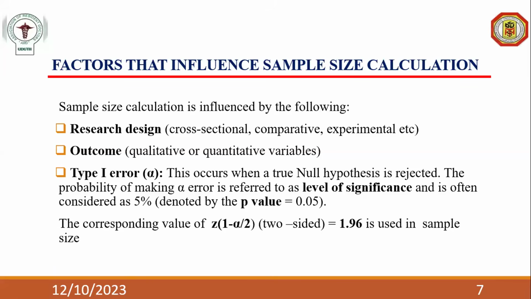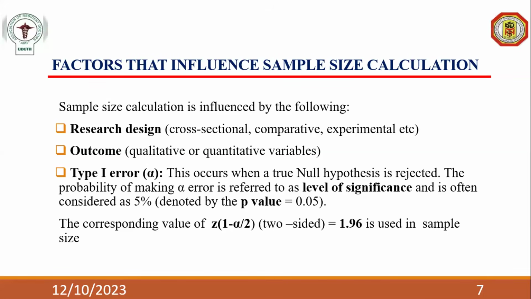Your level of significance is something you choose yourself. You can say I'm allowing 5% error. I can also choose to use 1% error to take my p-value to 0.01 instead of 0.05. But the most widely used level of significance is 0.05.